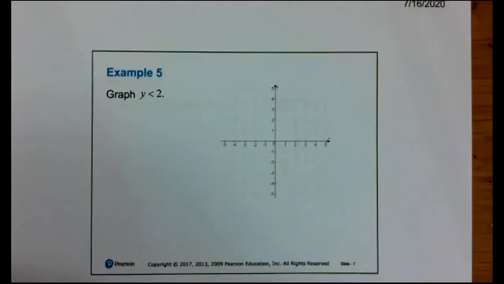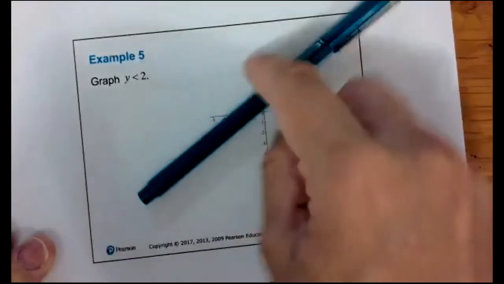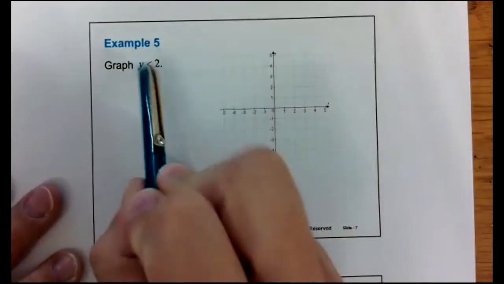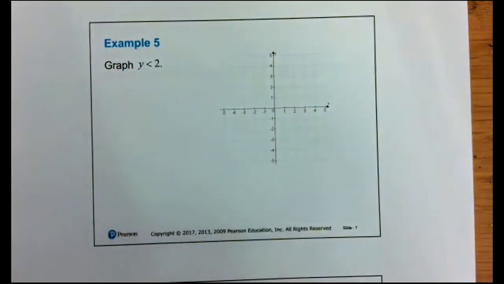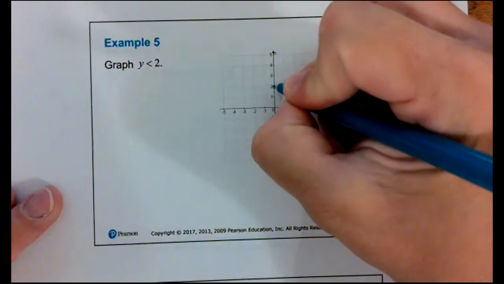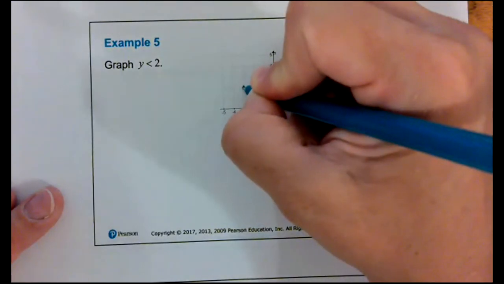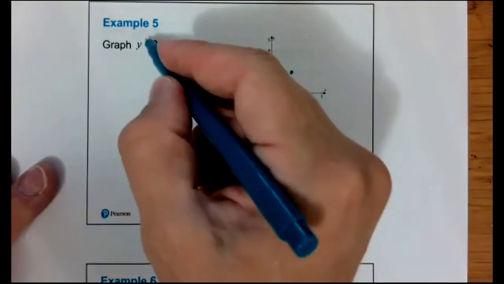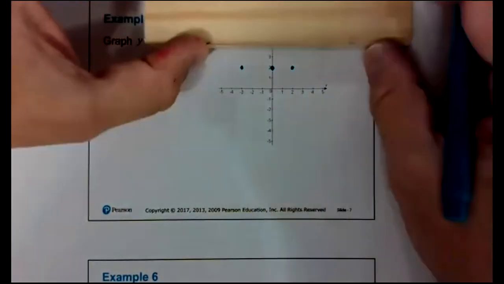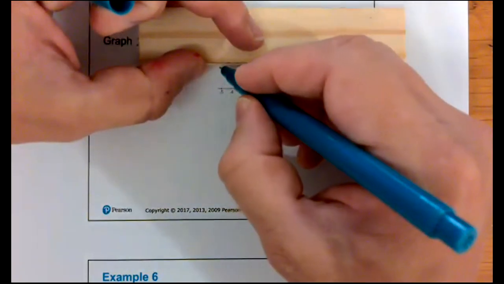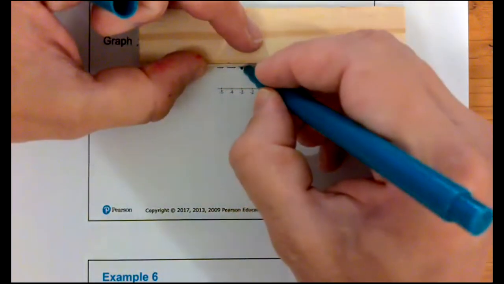Now we'll do it for just a y value. So y is always horizontal. This is y is less than 2. So y, where y is 2, will be our line, but our line is a less than, so it will be a dashed line. It will not include the line in its solution set.